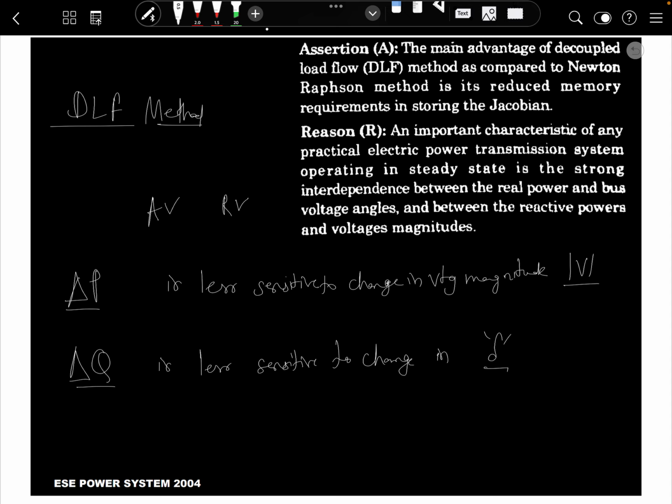So this means the assertion is correct and the reason is also correct, and they follow each other.